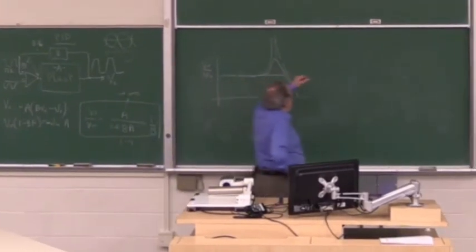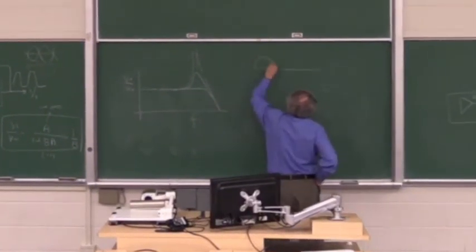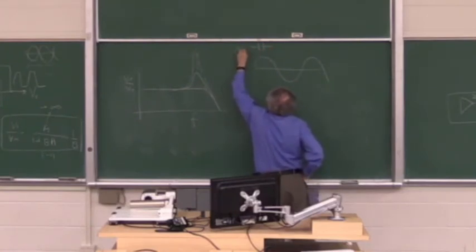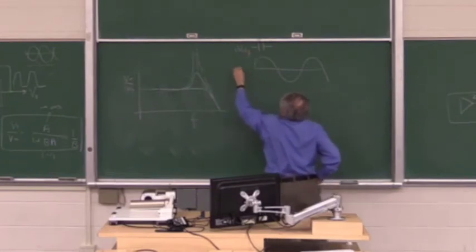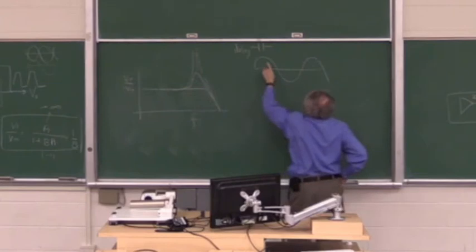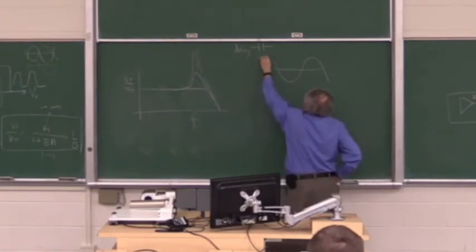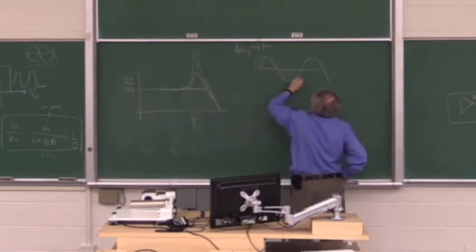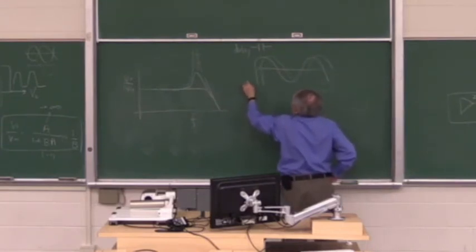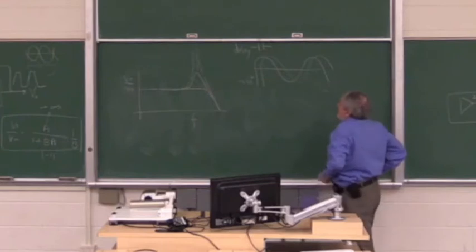For example, if I have a sine wave and I have a delay of this much, this is delay. Okay? Make it more clear. Delay. So if I have this delay, the sine wave will look like this, and the phase shift will be, let's say, 30 degrees. Just to make up a number, 30 degrees.